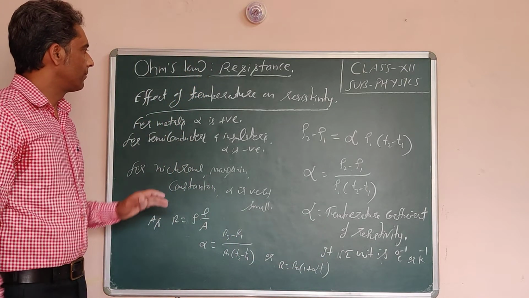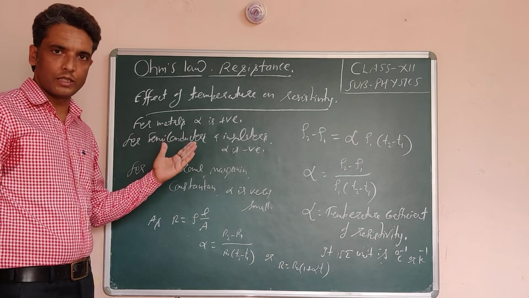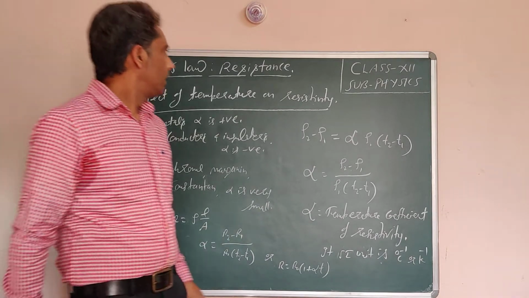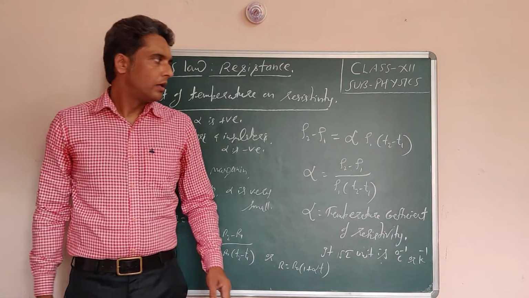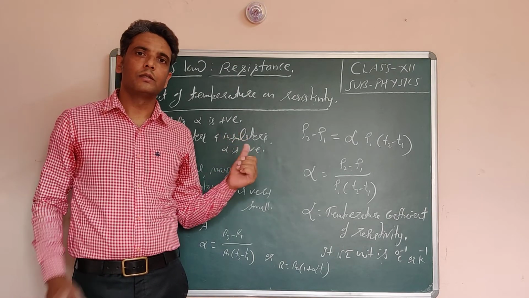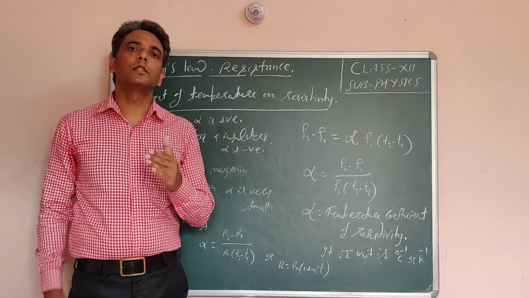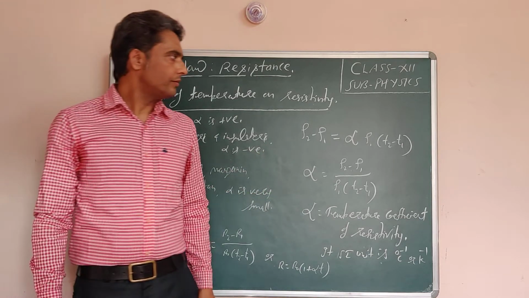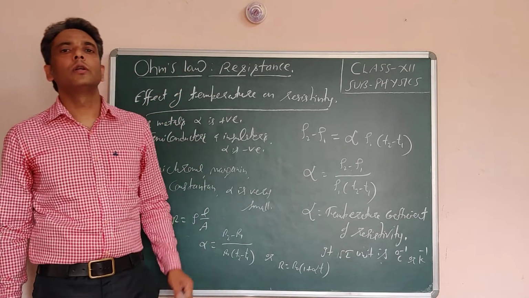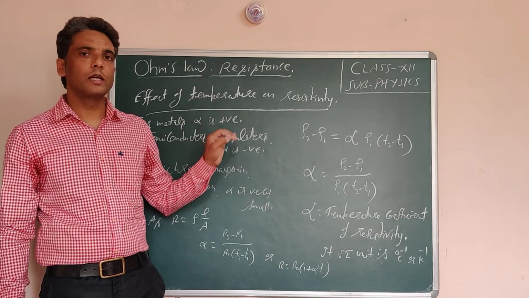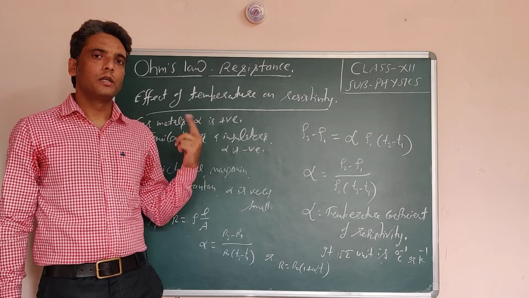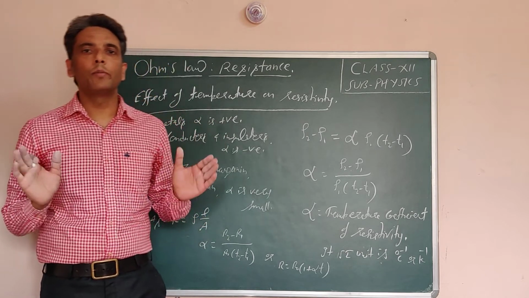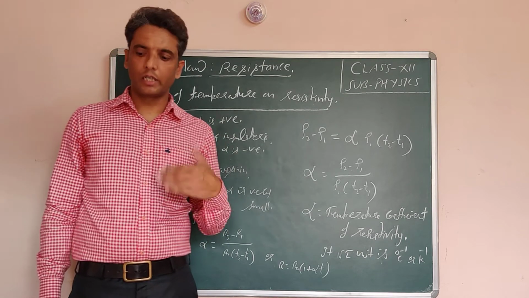So this is about factors affecting resistance and resistivity. Today we discussed Ohm's law, resistance, resistivity, and the factors affecting them. We saw that resistance depends on the dimensions of the conductor as well as temperature, but resistivity depends only on temperature and not on the dimensions of the conductor.